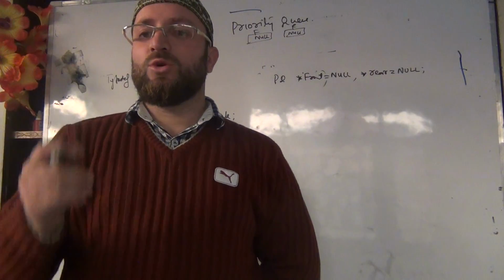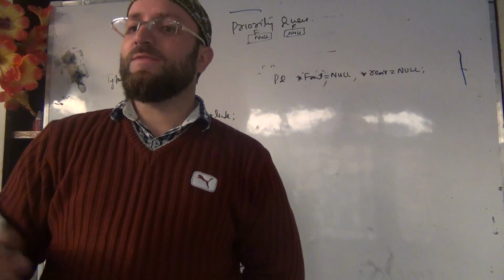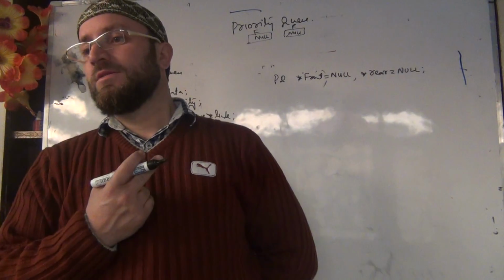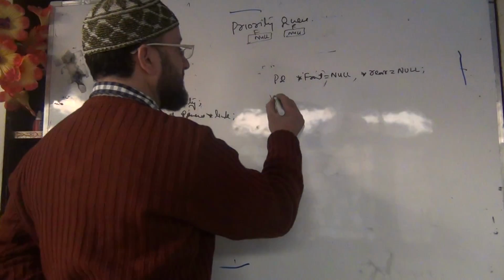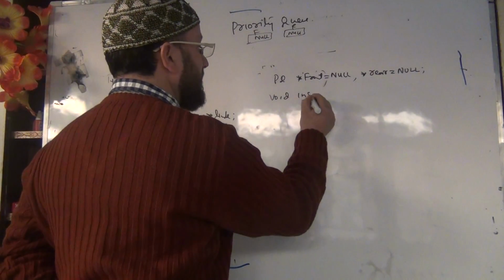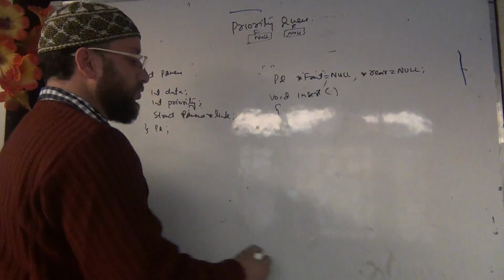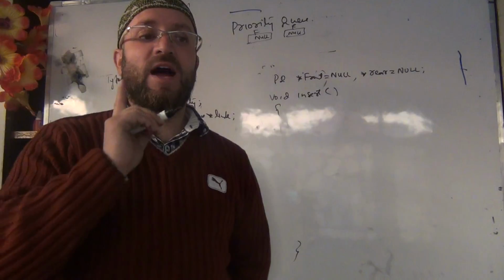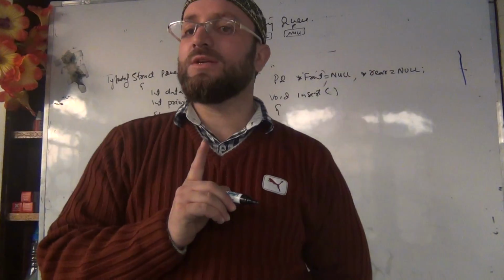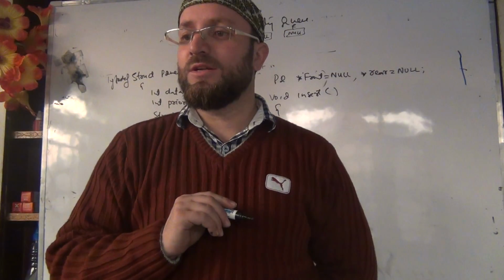So when I say 1 to create, I will call the create function, and later on I will call the insert function, void insert. This is my function, which will do the insertion, but it has to make sure that I insert according to the priority. Does it make sense what I'm saying?